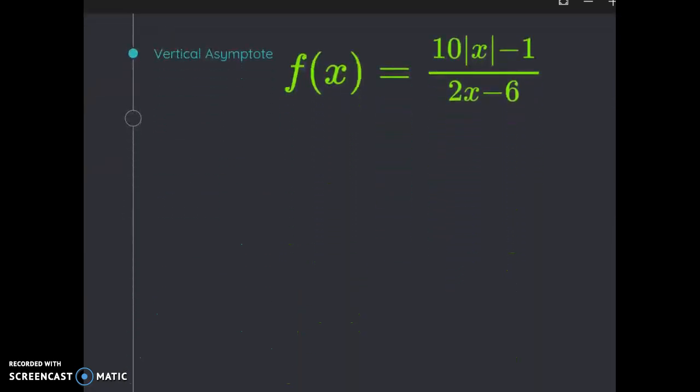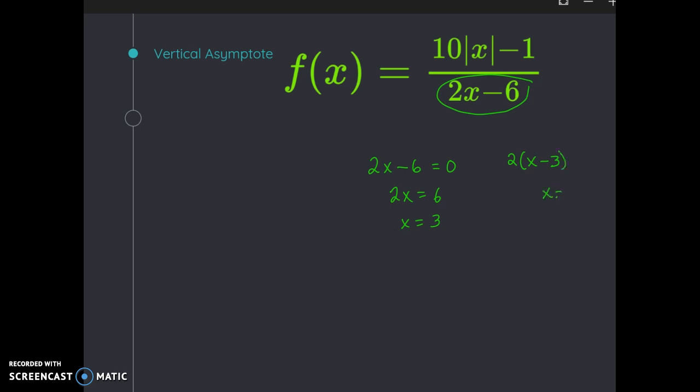So if I'm looking at this function, I'm trying to find a vertical asymptote. I look at the numerator because I want to pay attention to whether my 0 in the denominator will cancel, but I'm mostly looking at the denominator. So I have 2x minus 6. That's going to be equal to 0 when x is equal to 3. Or you could have factored it as 2 times x minus 3.